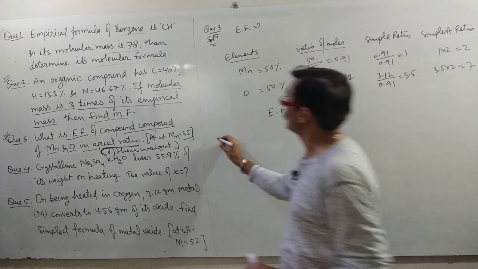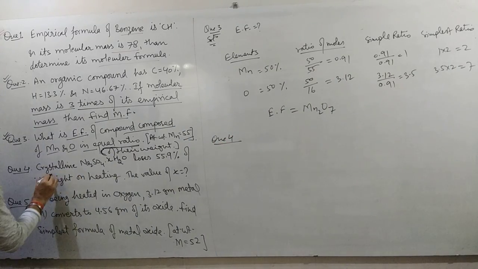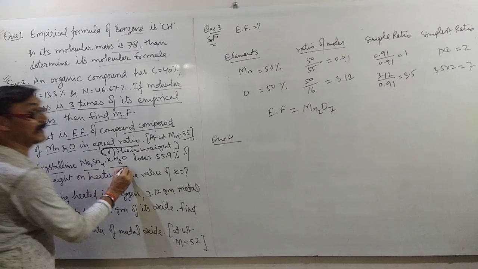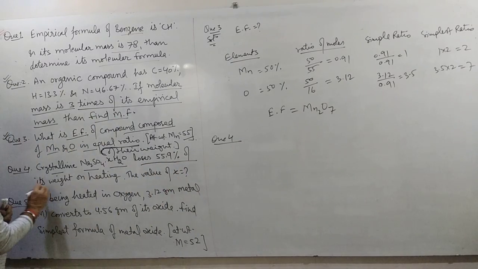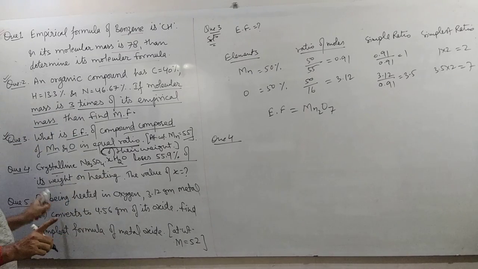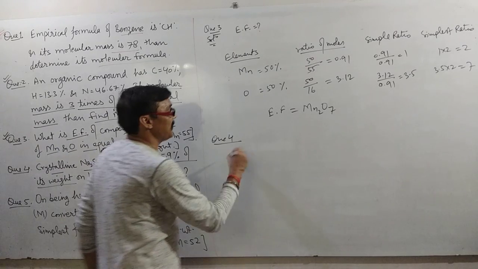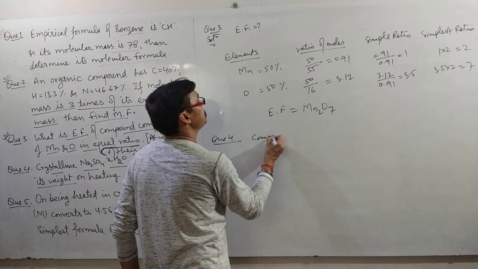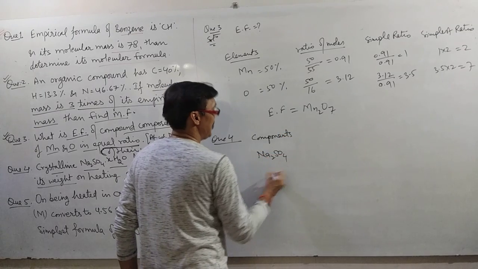So the empirical formula of the compound will be Mn2O7. Now in question 4, crystalline Na2SO4.xH2O loses 55.9% of its weight. We have studied that the loss of weight in such compounds is the weight of water. So ultimately the components here are Na2SO4 and water.